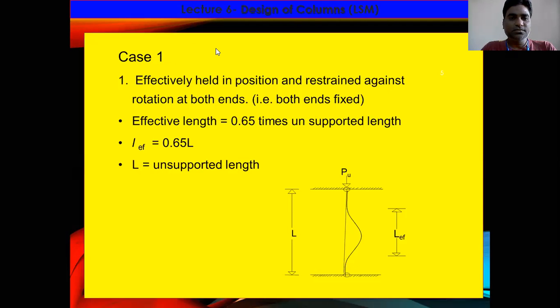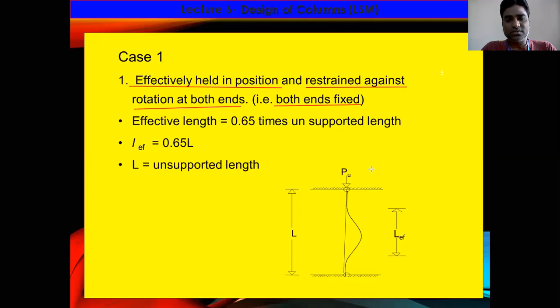For case one, the effective length: effectively held in position and restrained against rotation at both the ends. That means both ends are held in position and restrained against rotation. That means both ends are fixed.